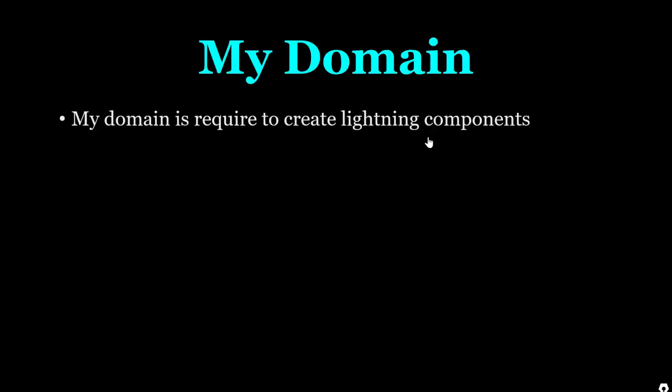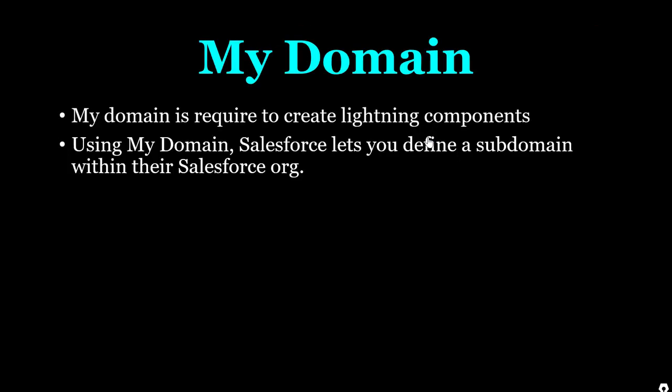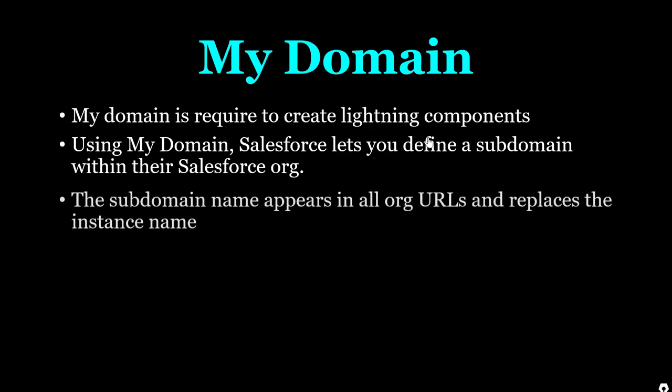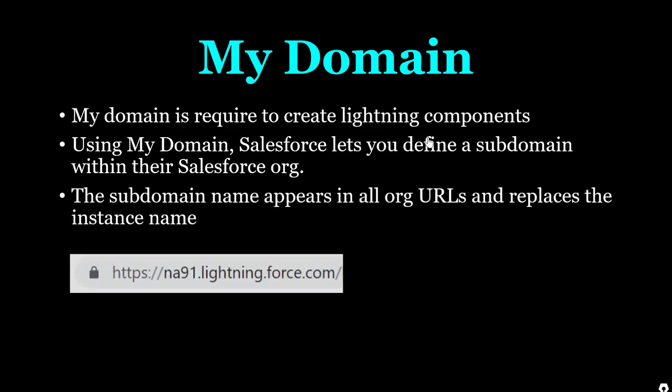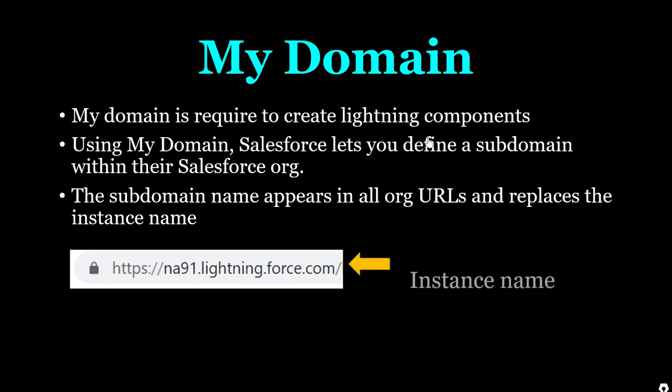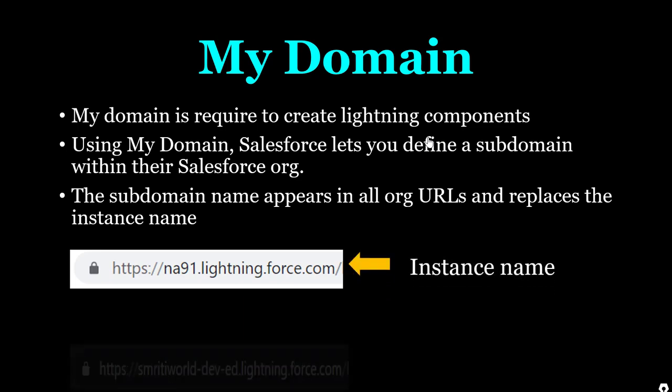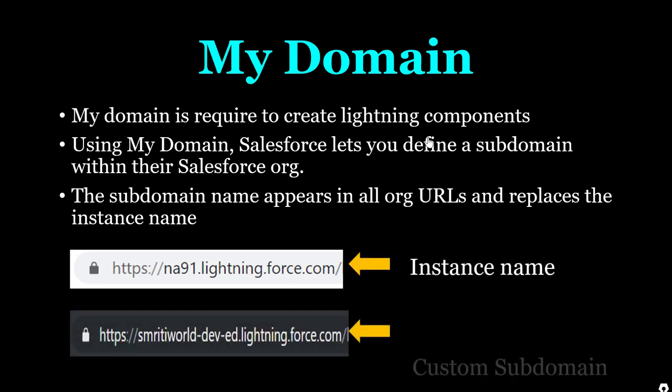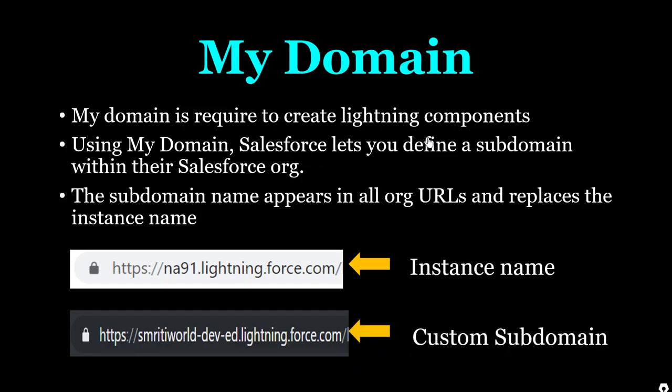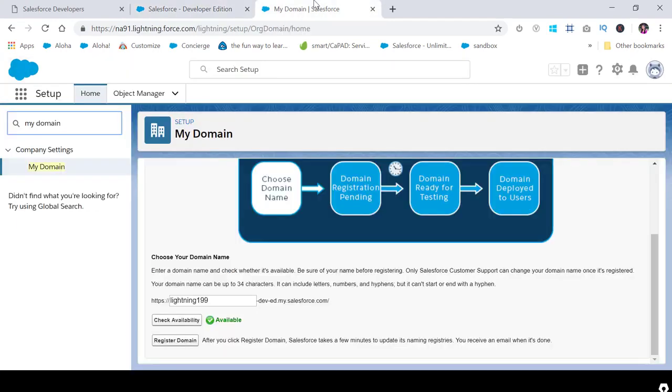Now My Domain. My Domain is required to create Lightning components. Using My Domain, Salesforce lets you define a subdomain for your Salesforce org. So let's see. Salesforce gave me this instance name when I created a developer org, and then I used my custom subdomain. Isn't that cool? Let's see. So select Setup.